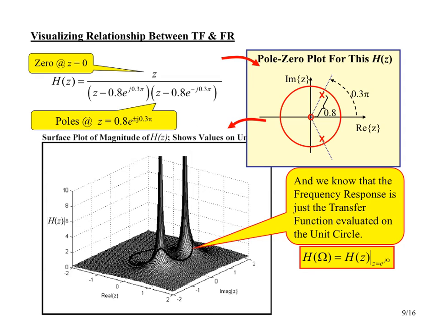Okay. So here's an example of visualizing this kind of thing. Suppose we start with an H of z that looks like this. And since we have a 0 in the numerator at z equal to 0, we've got this 0 at the origin over there. Let me get rid of that before we go too much farther here.